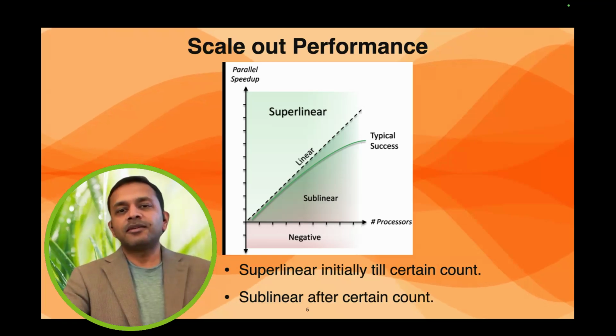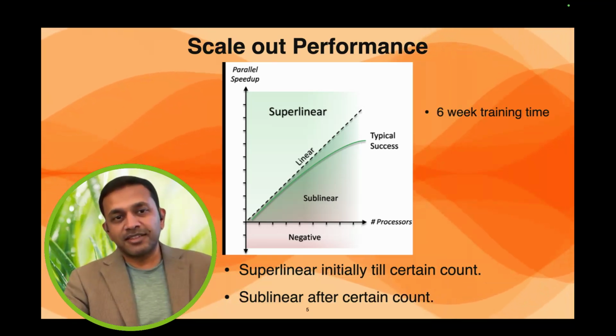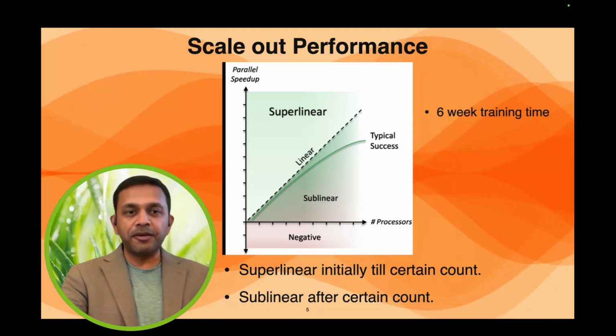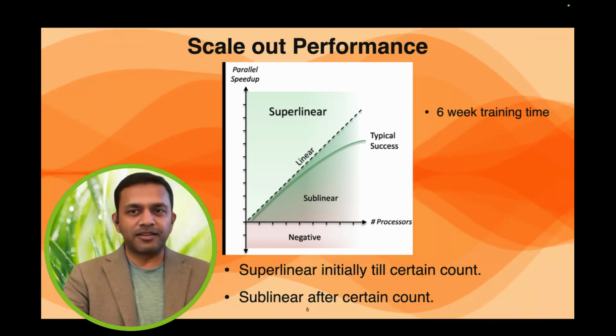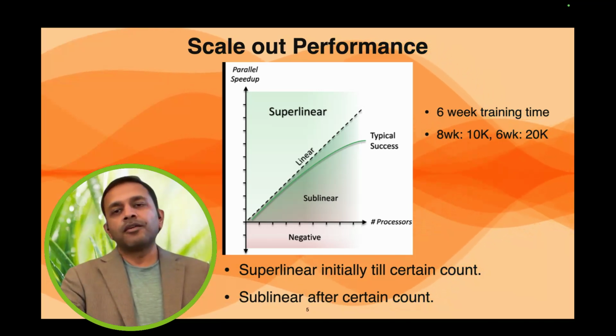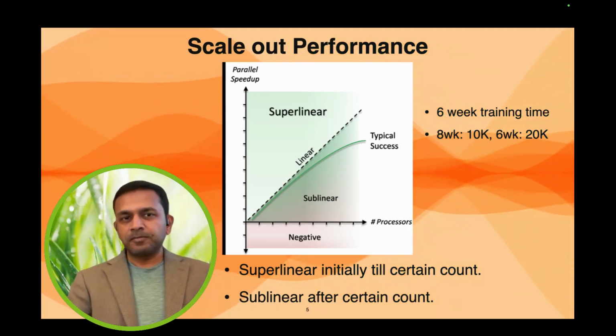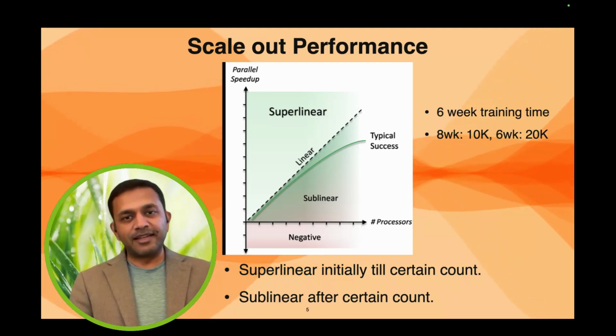Okay, let's understand the business aspect of it. Let's say a business has a requirement that, hey, I want to do the training and I want to finish it in a 6-week time frame. One option of the whole hardware and software stack says that if you keep 10,000 accelerators, this training can complete in 8 weeks, let's say.